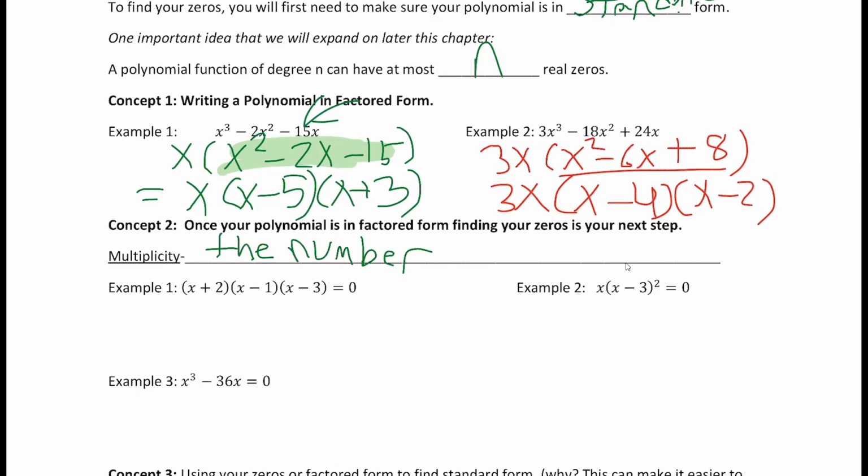You probably have seen that even when we did quadratics. Maybe you got the same answer twice. I know there was one on your test where you had the same x-intercept twice, x equals 1 and x equals 1, I believe. It's the number of times a solution appears.